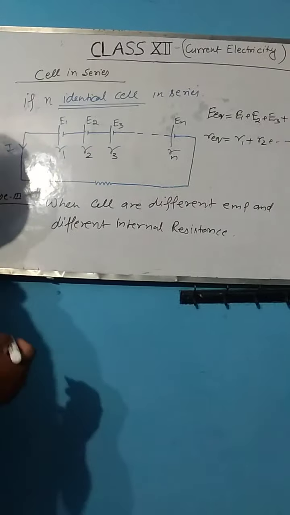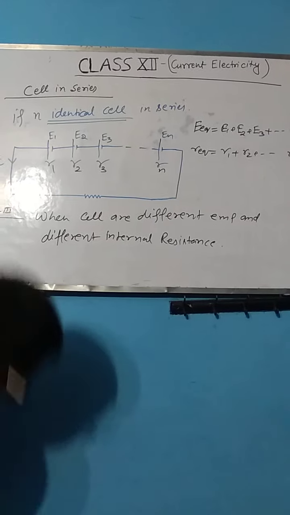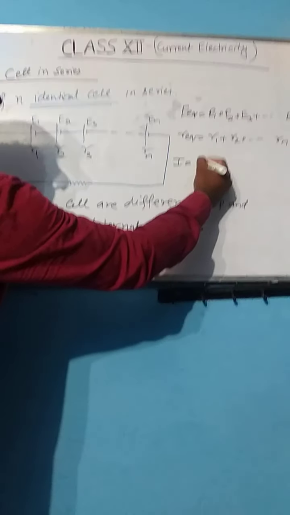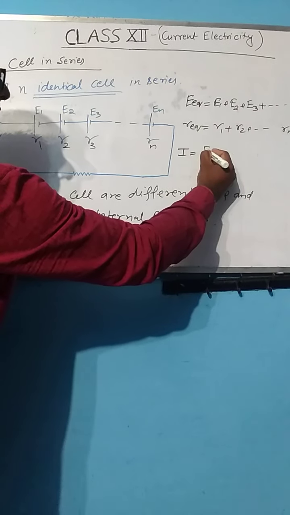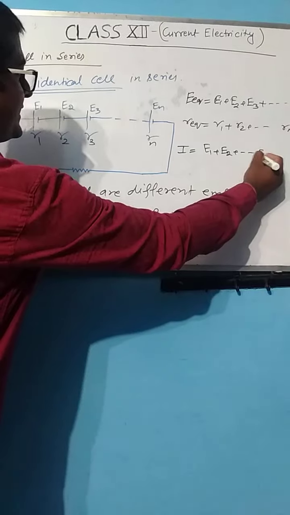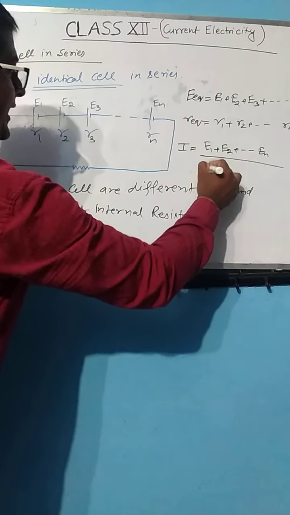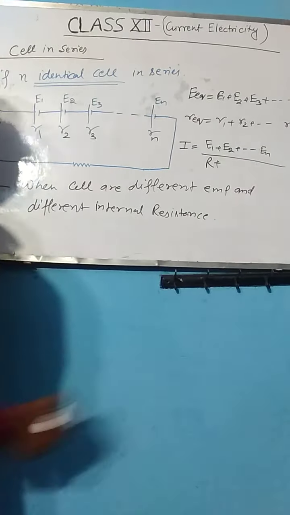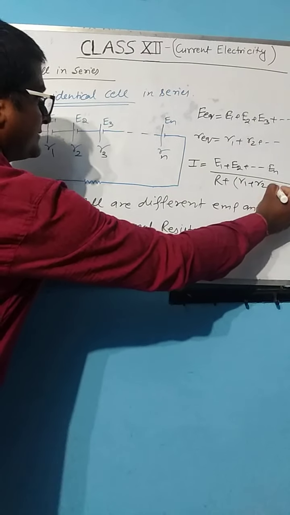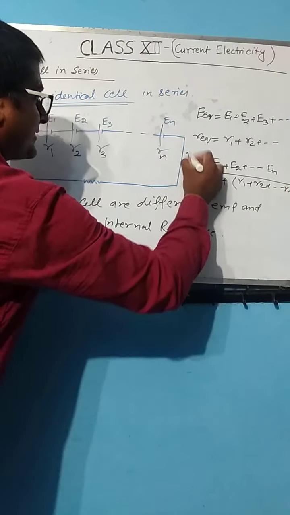So the current will be given by I equals E1 plus E2 plus dash En divided by R plus R1 plus R2 plus dash Rn. This is the current for case 3.